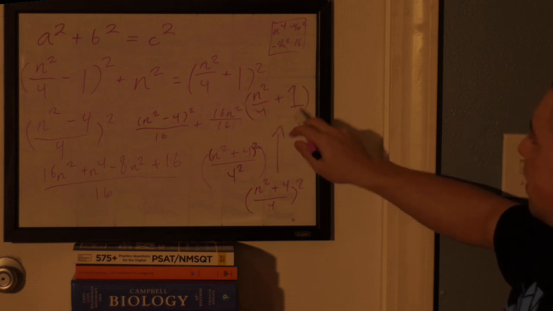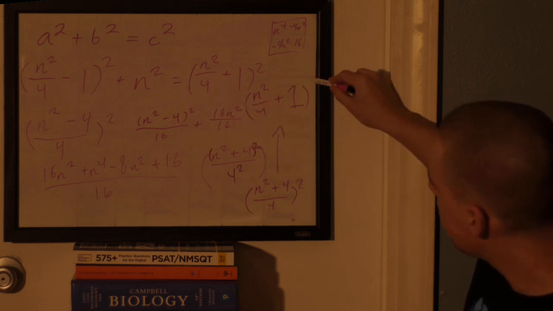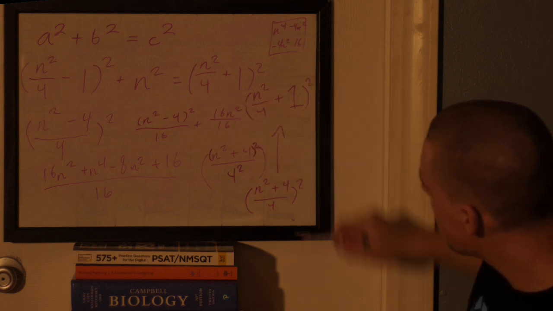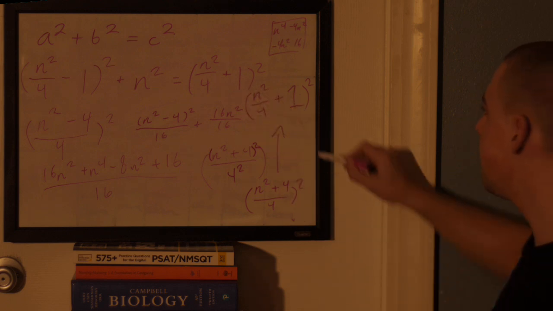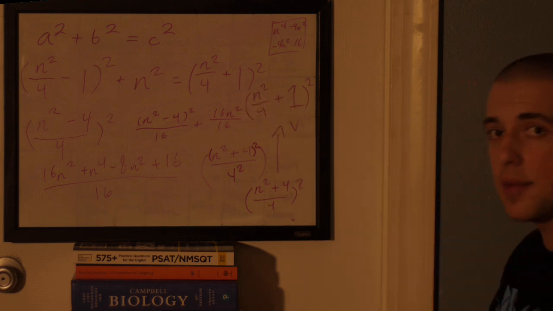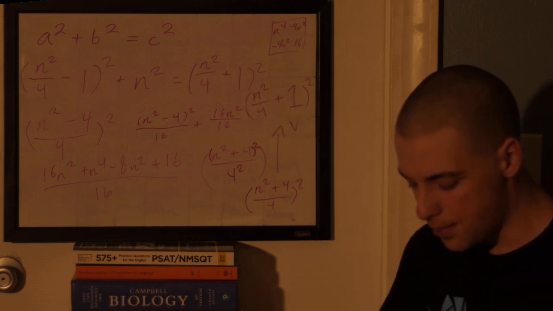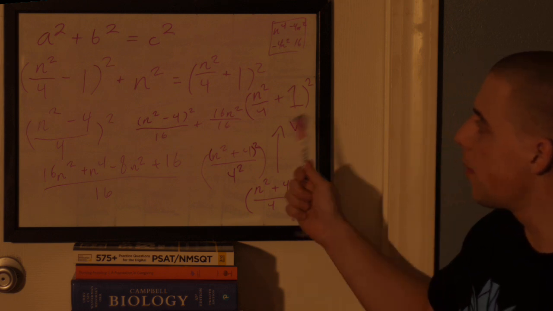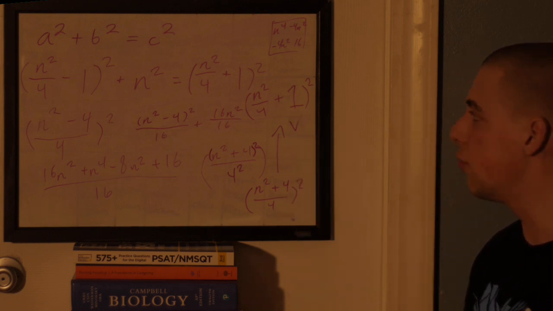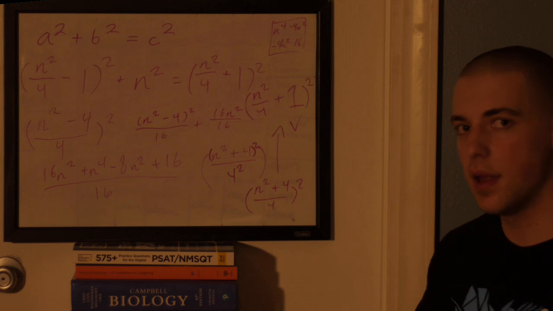Oh, and we gotta write the square there. That and that are the same. The identity is established, and that proves that this formula will work to create a Pythagorean triple using any even number.